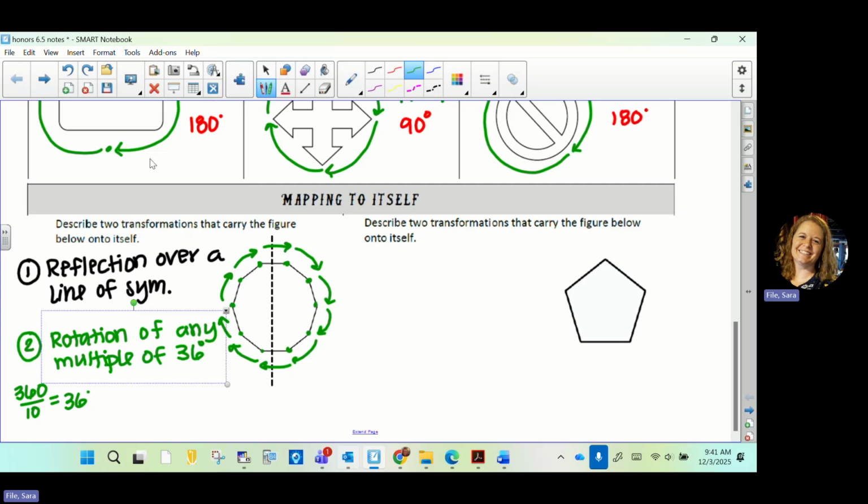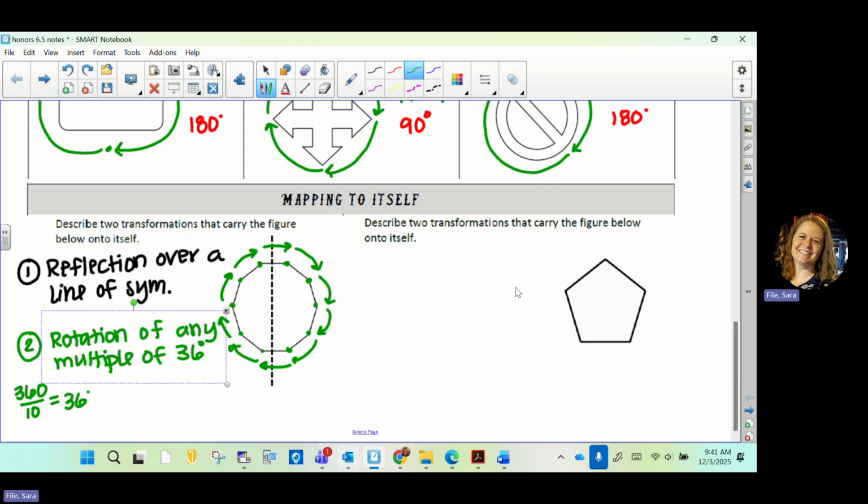If I were to rotate this 18 degrees, it would still be the same shape, but the vertices wouldn't be at the exact same point. Like this point that's on the top left right now would be right here on this black dotted line. So it wouldn't be flat on the top, it would be pointed on the top. Does that make sense? Can you see that?